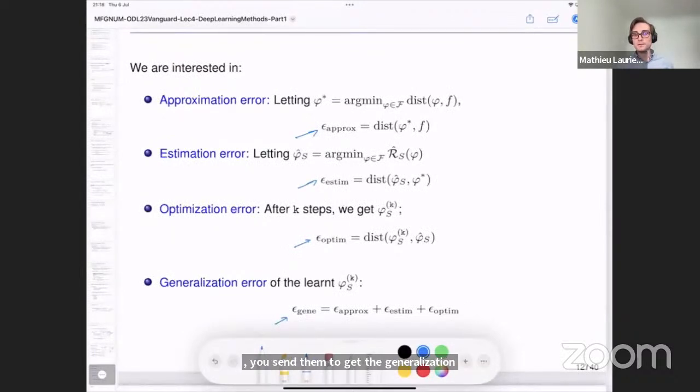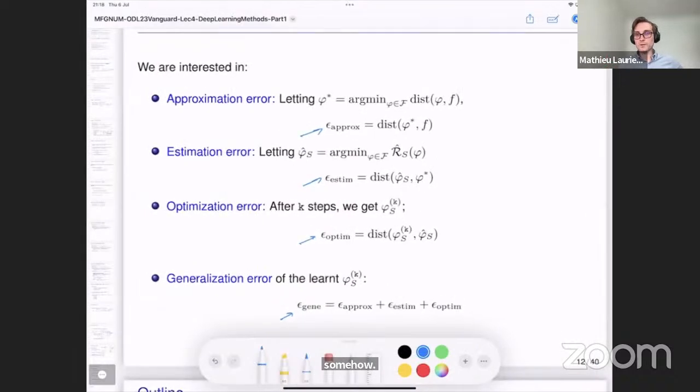These are quantities that are convenient to have in mind, and sometimes you can bound them. There are theoretical results for some classes of functions and some problems on these types of errors. But in practice, you don't really observe them, or choose them directly. They are consequences of your choice of function and of your problem.